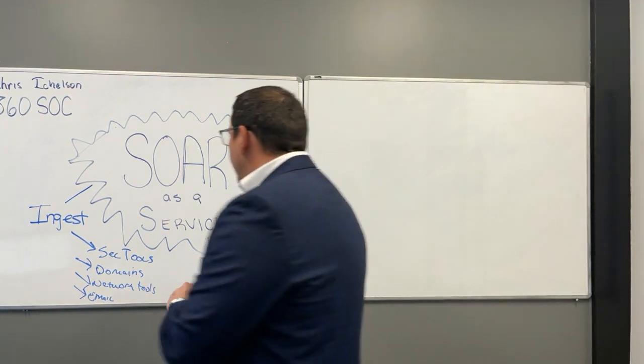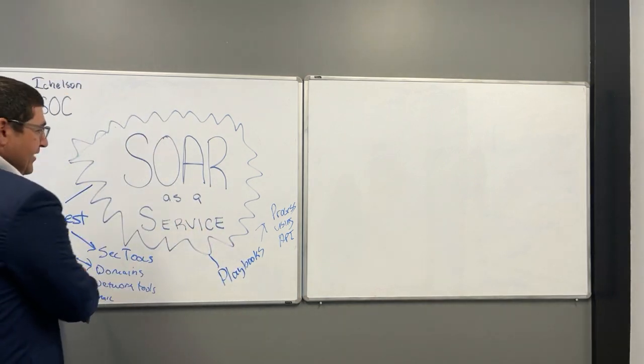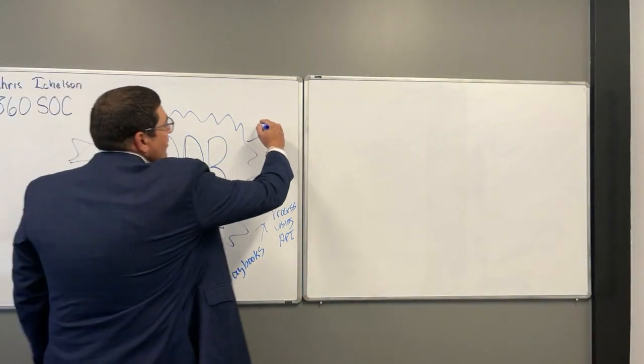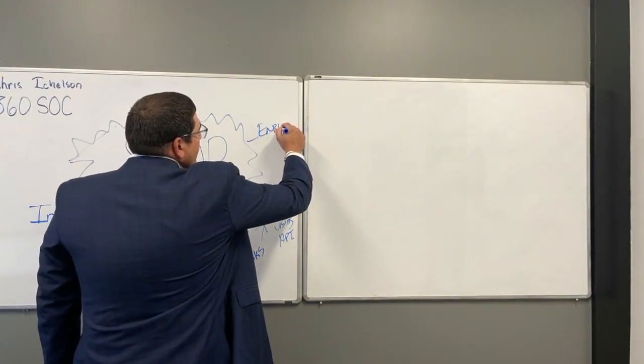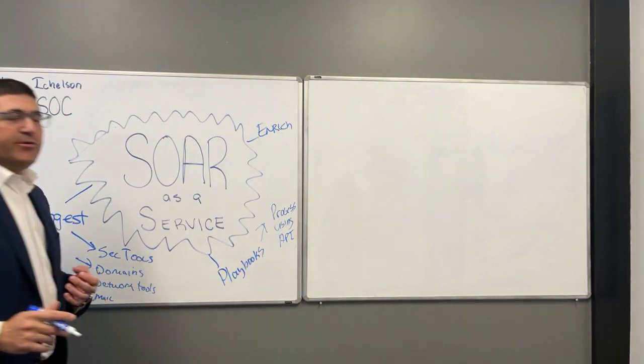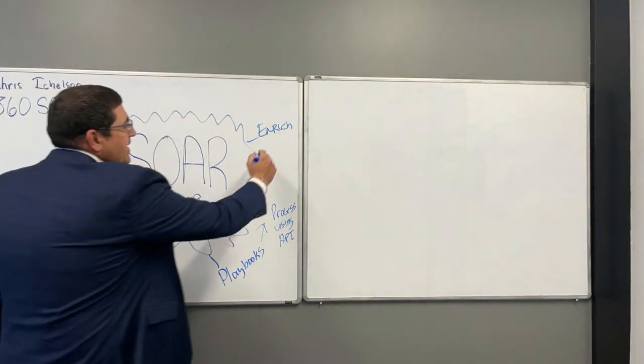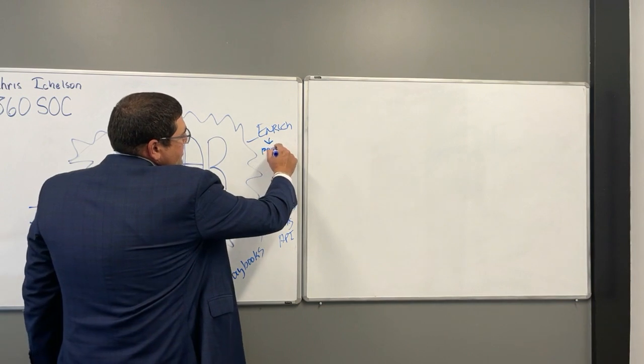Once we run a playbook and ingest something, we need to do something we call enrich. In our world, what it means to enrich might be doing things like parsing indicators.